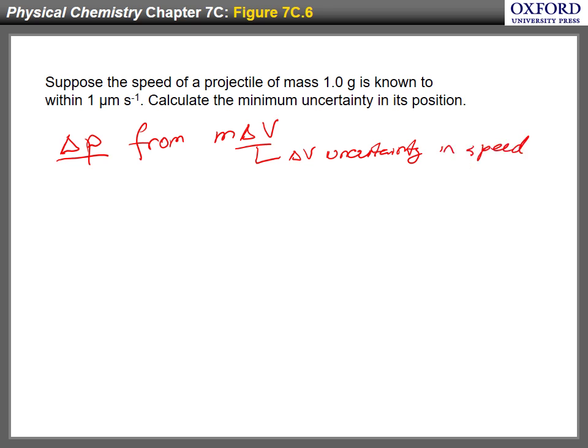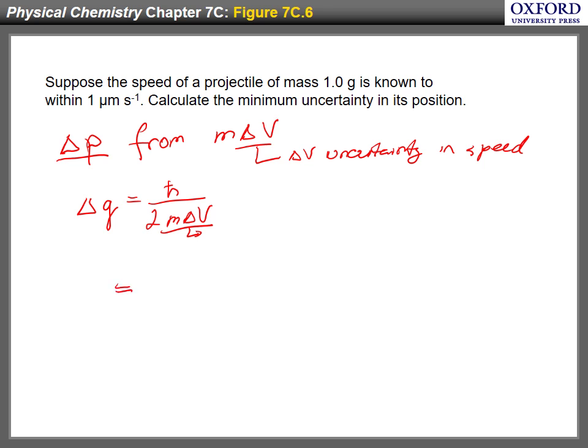Okay, so we have our delta Q, which is the uncertainty in the position, equals h divided by 2 m delta V, and m delta V is our impulse, change in impulse, right?